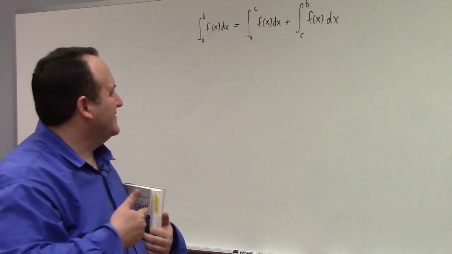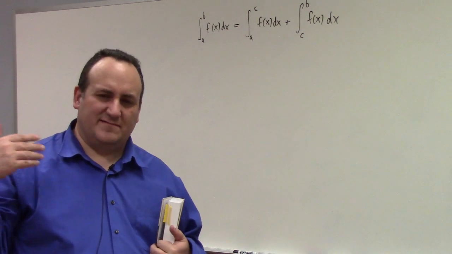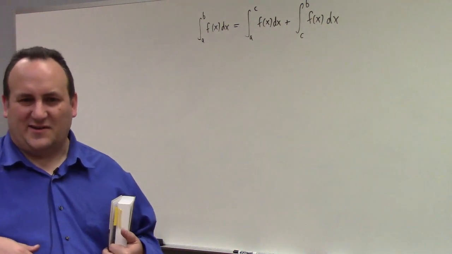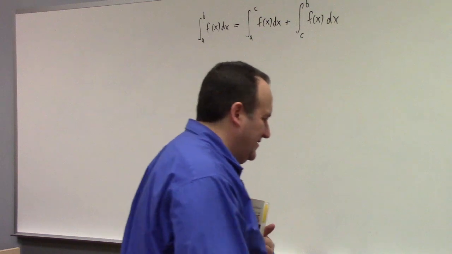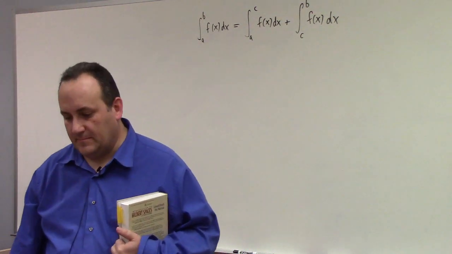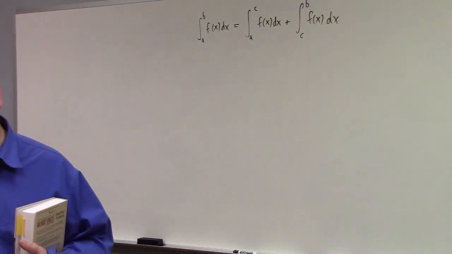One that goes from A to C and the other one that goes from C to B, and then do some sort of reindexing, and you can prove it that way. It's in my calculus notes. It took me a long time actually to come up with that argument.